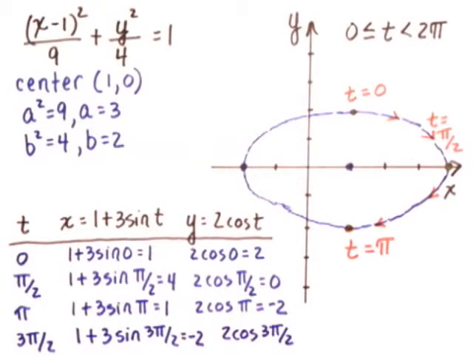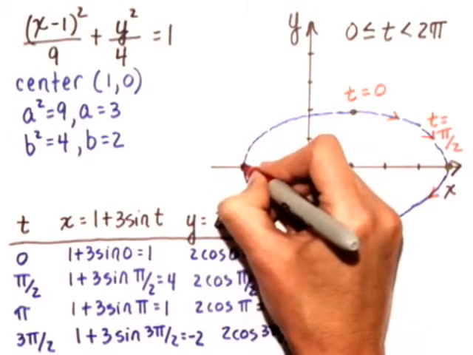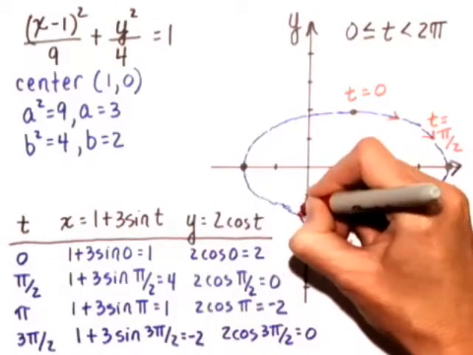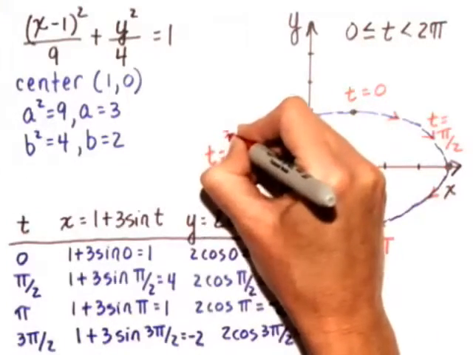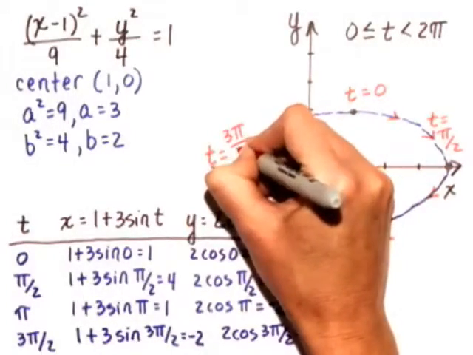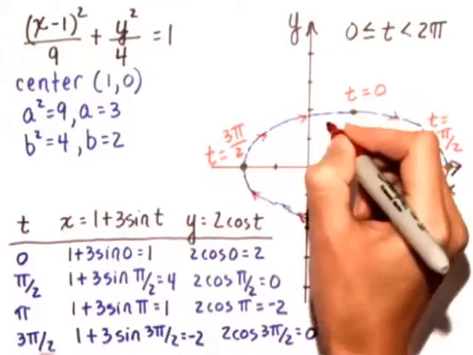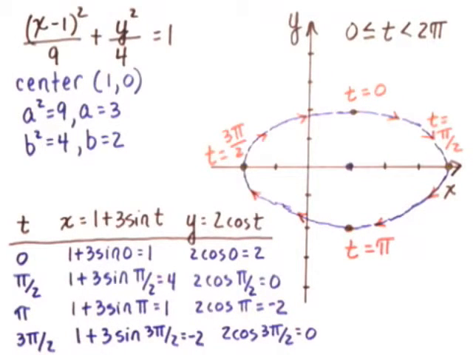Since the cosine of 3 pi over 2 is equal to 0, this value is 0. So -2, 0, it's one of our vertices. We can add our arrows. This corresponds to t equal 3 pi over 2. So with our given equations, we eliminated the parameter and we graphed a plane curve with the arrows for orientation.